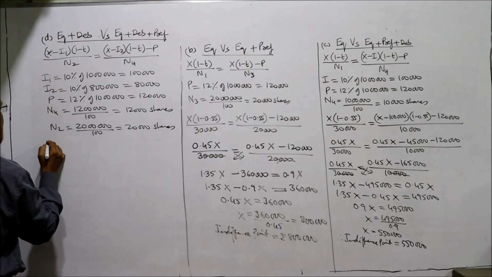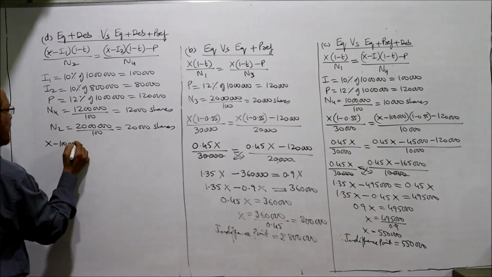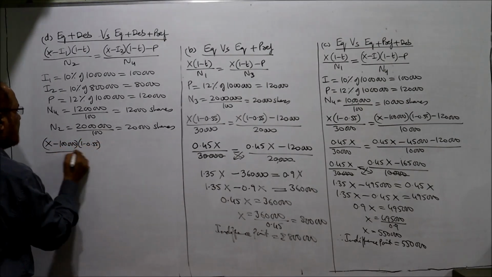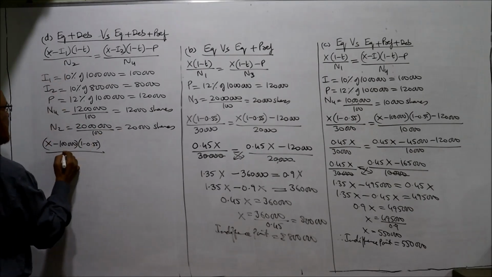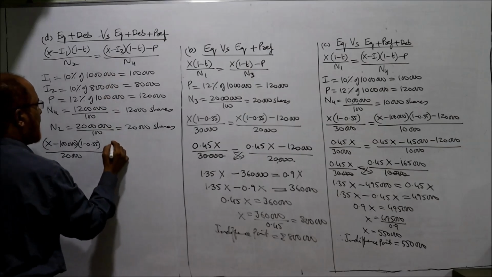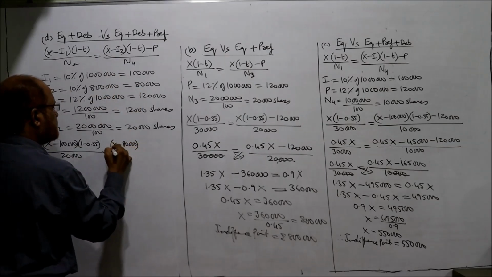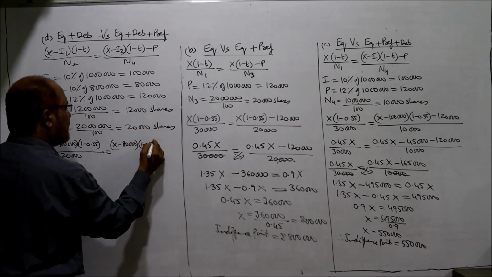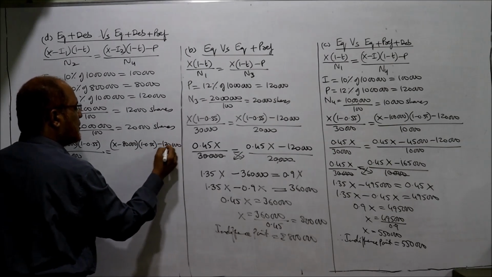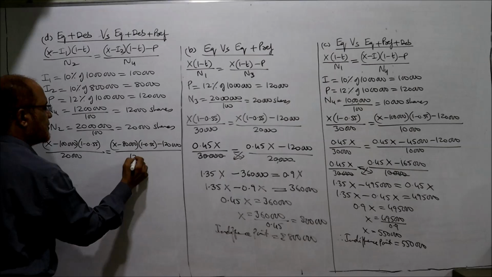So x minus I1, I1 is 1 lakh, into 1 minus t, 1 minus 0.55, divided by n2, n2 is 20,000, is equal to x minus I2, I2 is 80,000, into 1 minus 0.55, minus p, p is 1,20,000, divided by n4, n4 is 12,000.